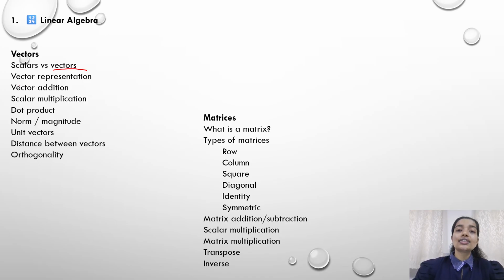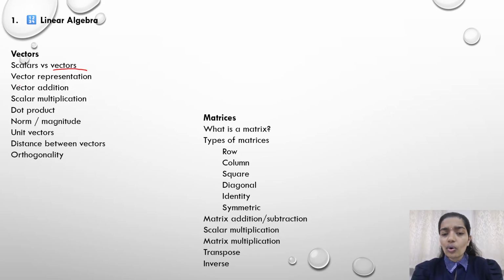Matrices are something that we should know, not in very detailed concepts, but small things: what is the condition when it comes to matrix addition, matrix subtraction, and very important, matrix multiplication. What are the conditions that one should satisfy before thinking of matrix addition and subtraction, and what exactly are the transpose and inverse.